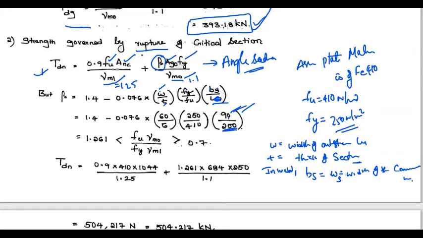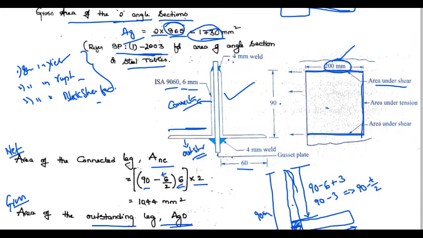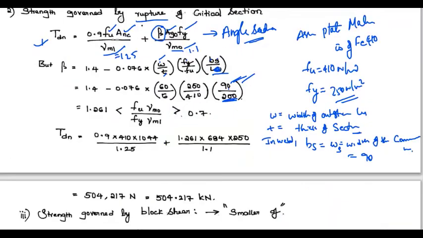Okay, connected leg, which is 90. Let's see from this figure what is the length. 90. But in case of welding it is going to be different, which we have seen earlier.